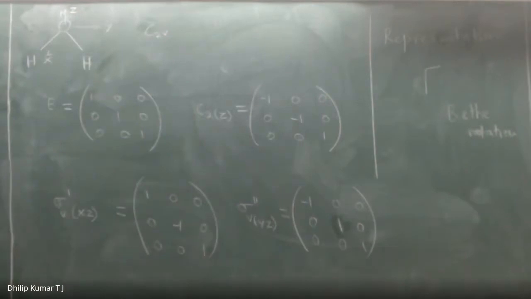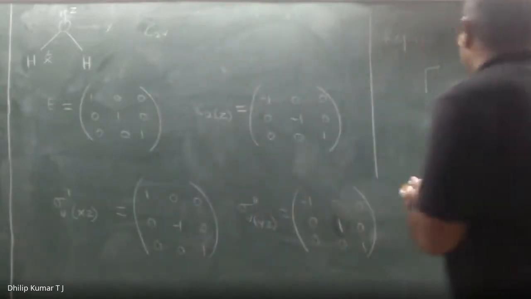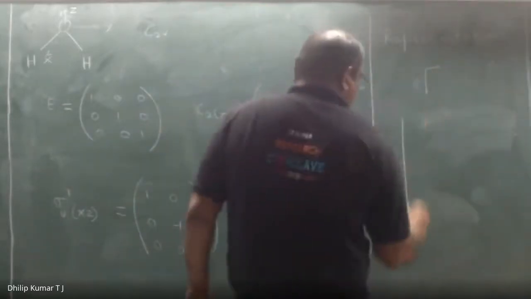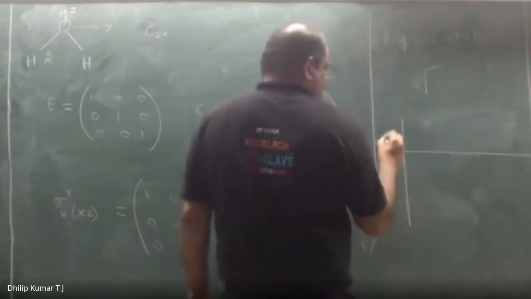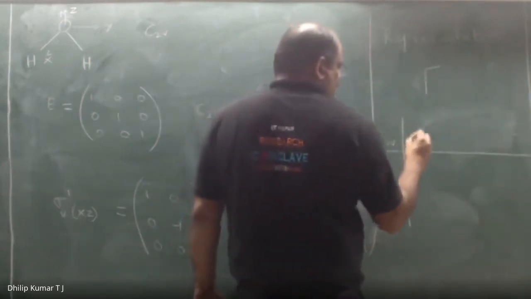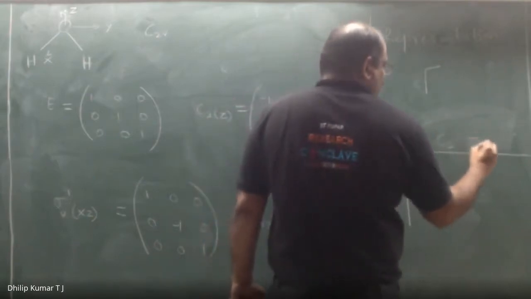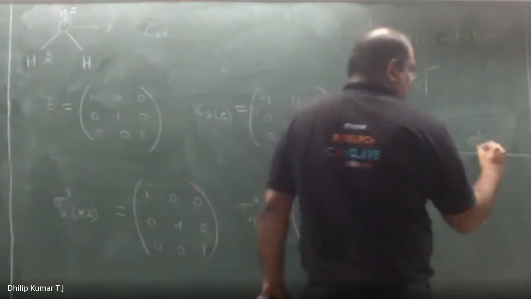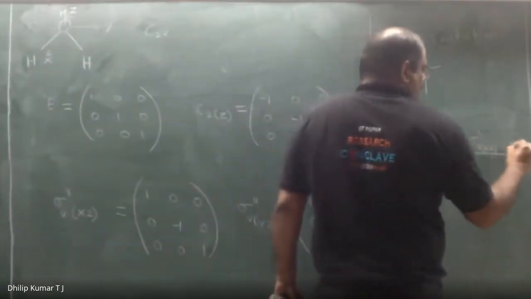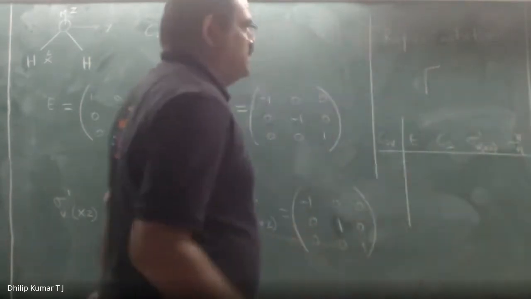So what I'm going to do is write it in table form, with this notation: C2v, E, C2, sigma v prime, which is this one, xz, and sigma v double prime, yz.